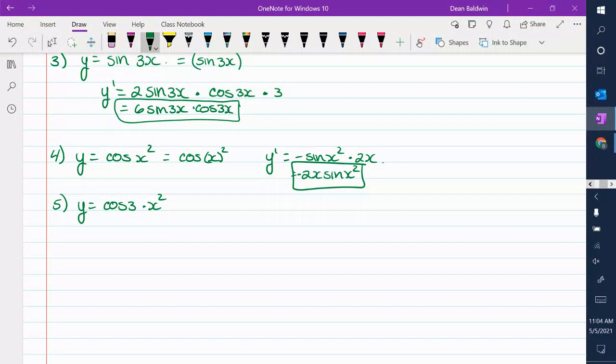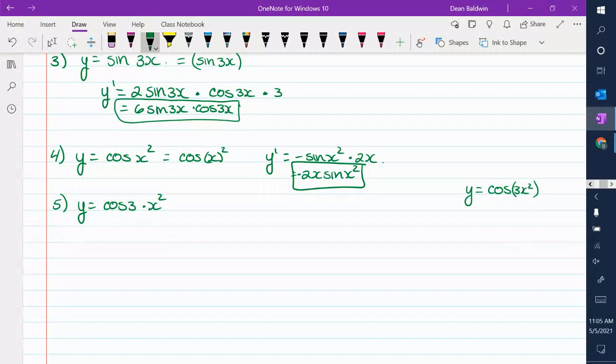So what's the derivative? Okay, this again comes down to notation. If the x squared was inside the trig function, I would have written it like this. Since I didn't write it like this, x squared is being multiplied by this.